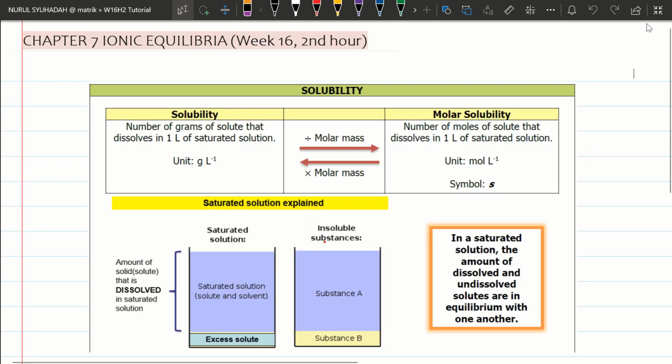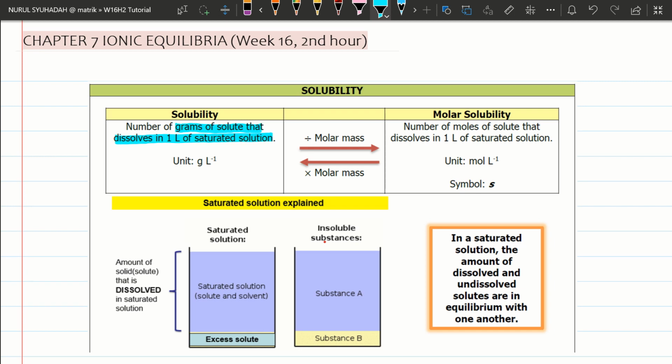Okay, so what is solubility? We have two terms here. The first one is solubility. The definition is the number of grams of solute that dissolve in 1 liter of saturated solution.